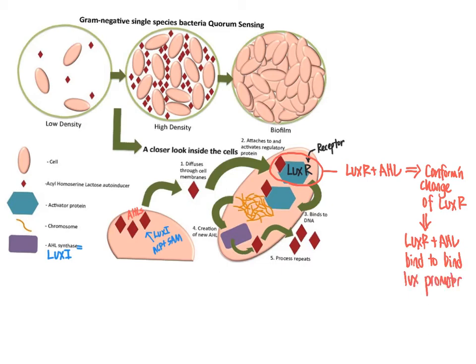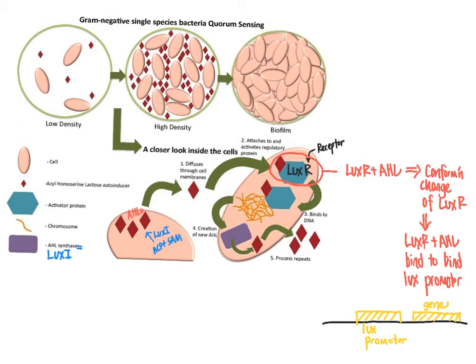And we can represent this schematically to illustrate what I'm referring to here by thinking of this black line as being the DNA of the organism. I'll plug in here in yellow a gene that is going to be under the control of the Lux regulator. And so upstream from that gene is the Lux promoter.